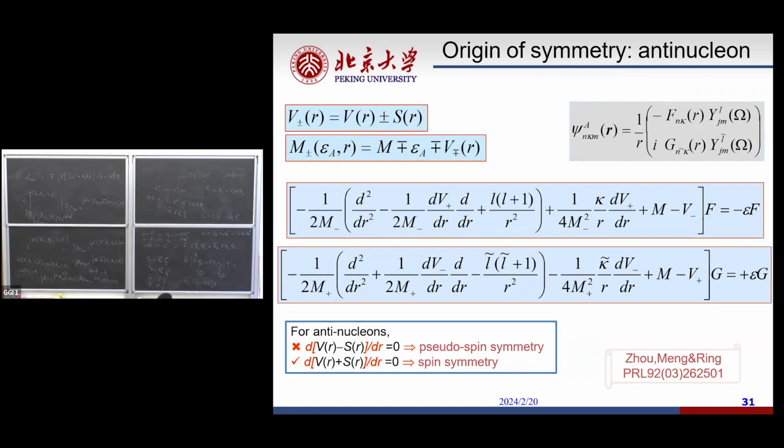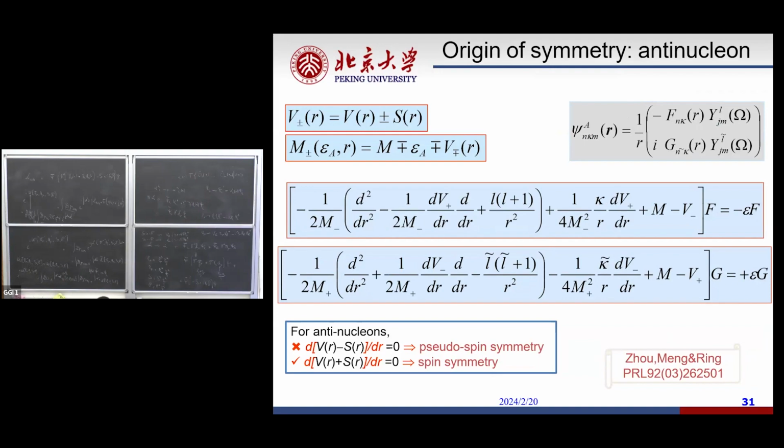And then what about the antinucleons? For antinucleons, if we take the charge conjugate of the Dirac equation, we end up with the equation for the antinucleons.